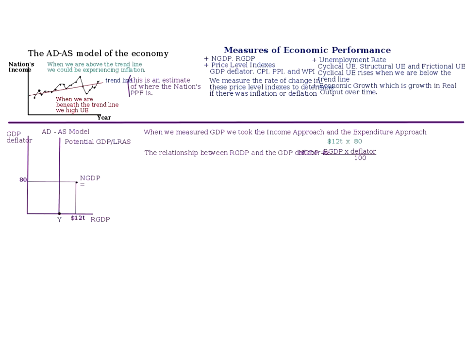So 12 trillion times 0.8 is 9.6. Okay? So our nominal GDP at this point is going to be equal to $9.6 trillion. Okay, so that's how we read our graph. All right? I hope that that's clear with how you interpret the graph, okay?